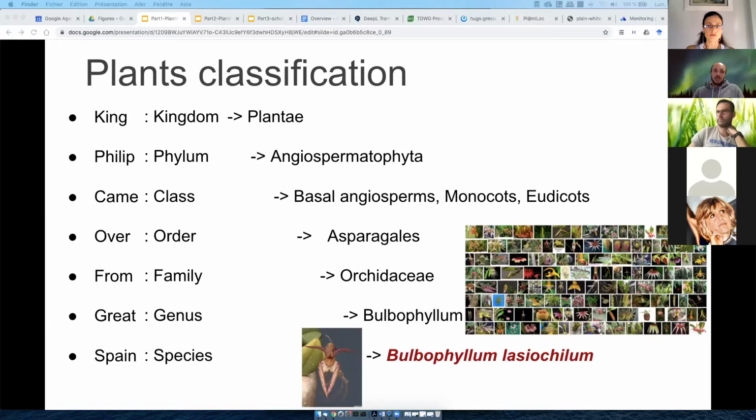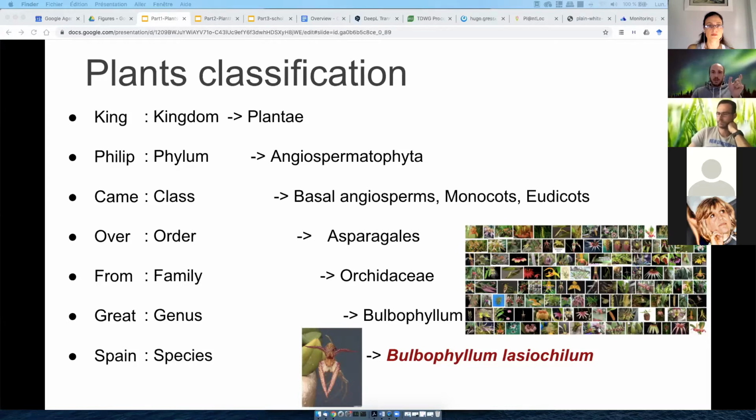The genus is a particular group of plants within the plant family, and here we illustrate with a set of images several species of an Orchidaceae genus named Bulbophyllum. The species level, illustrated here by the name Bulbophyllum lasiochyllum, contains both the term of the genus under which the species is organized and what we call the specific epithet, in that case the term in red, lasiochyllum.